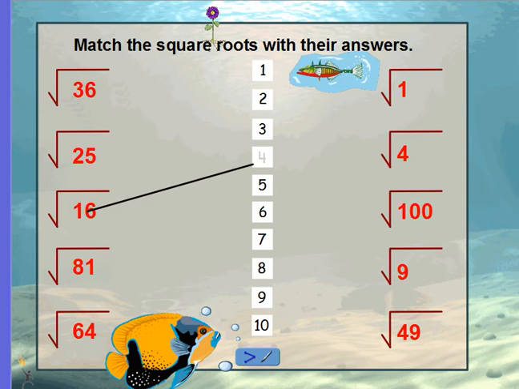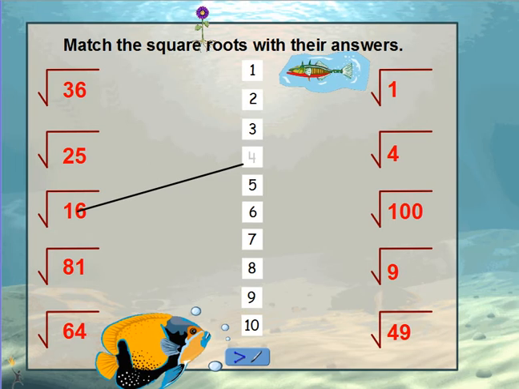Here are some more examples of square root. So the square root of 36 is what number times itself equals 36, and that's going to be 6. The square root of 64 is 8, because 8 times 8 equals 64.